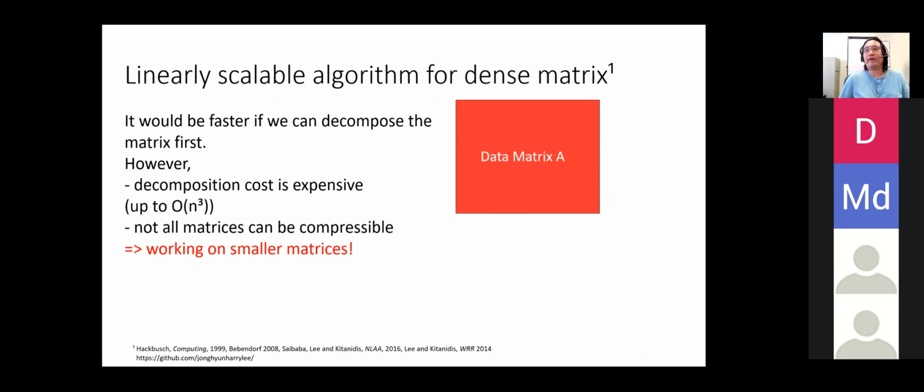Decomposition or compression usually costs order n cubed, which means if you increase the size of the image or matrix by 2, then your computation cost becomes 8 times more. And also some matrices can be compressible, other matrices cannot be compressible.